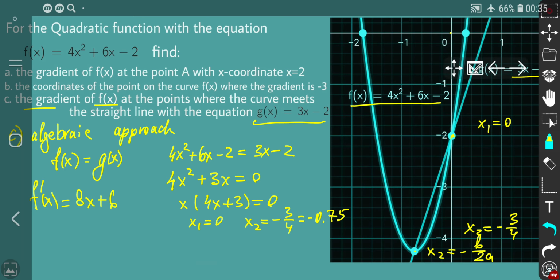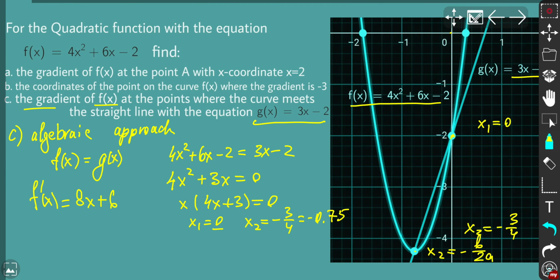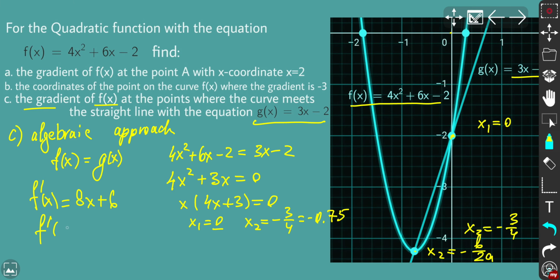Now you're doing the following. You simply plug in the coordinates where the straight line meets your parabola. So first it's going to be 0, and f prime of 0 is 6. So the first gradient is 6 at x equals 0.